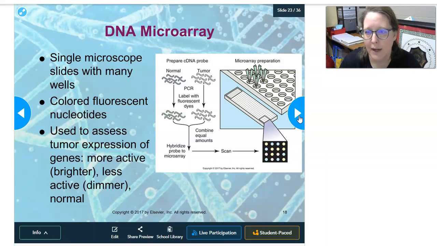As the normal genes and the tumor genes, single-stranded again, are incubated, the probes hybridize to the sample on the microarray, and any genes that are more active will generate a brighter fluorescent color. Anything that's less active is dimmer, and depending on which one's tagged, it will be one color or the next.